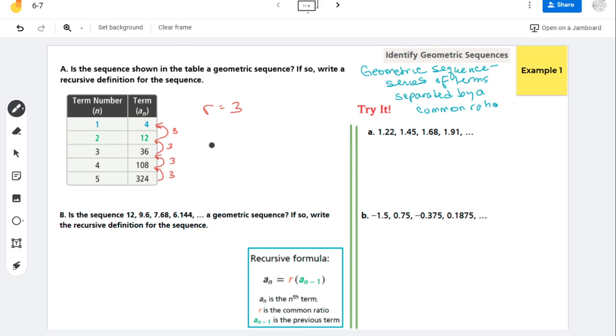Now in Algebra 2, they change how they describe a geometric sequence. In this box down here, this is the Algebra 1 definition. In Algebra 2 they show it as a piecewise function.